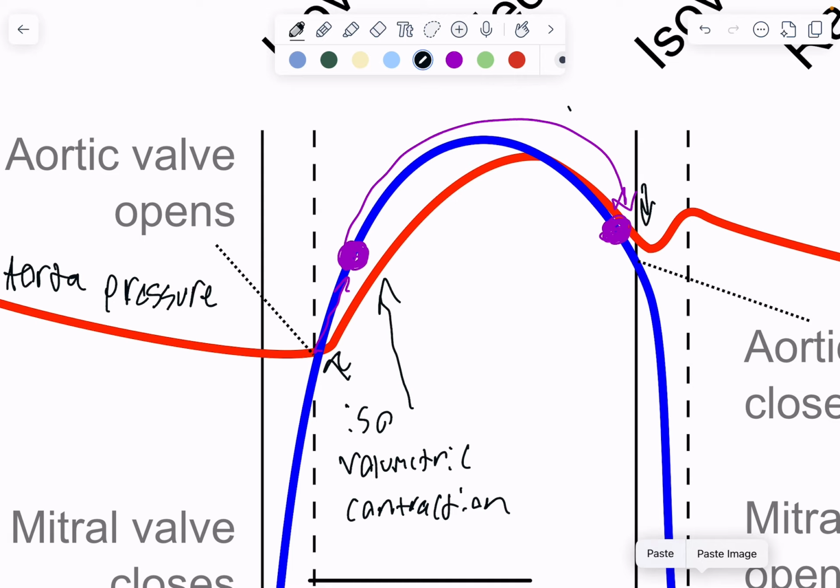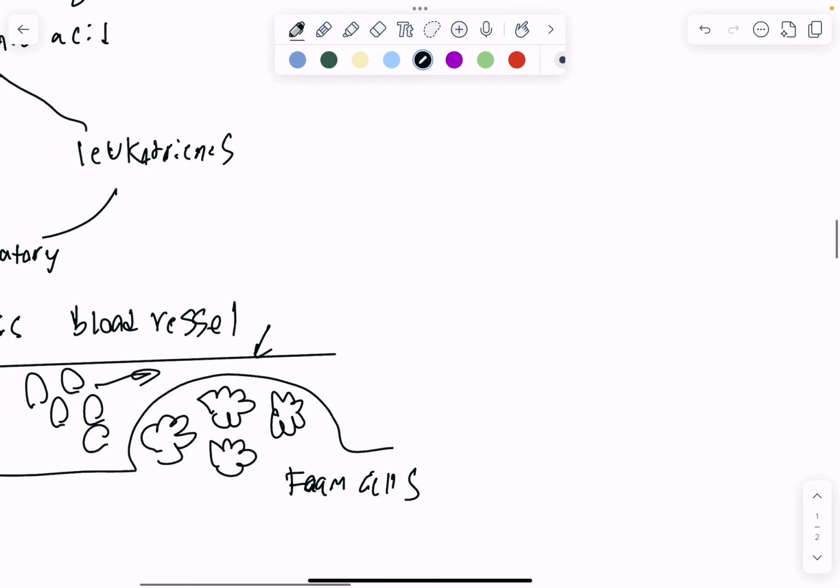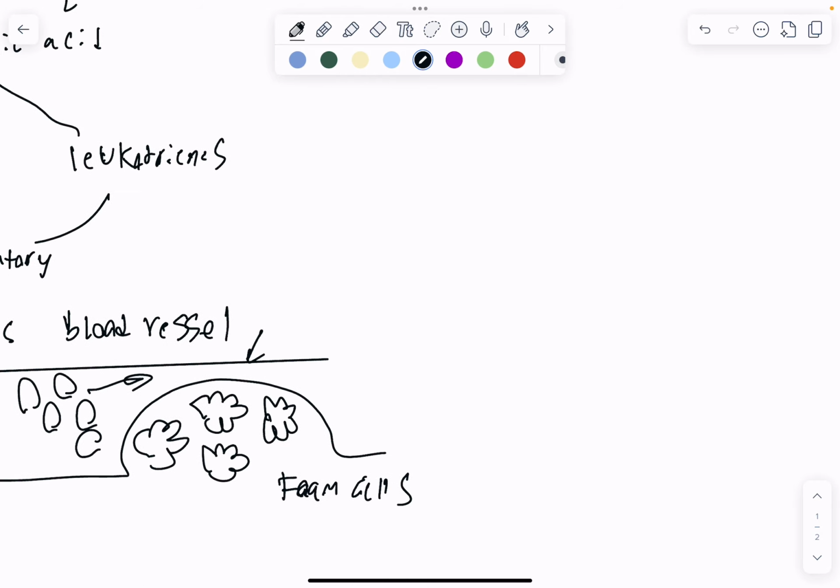The rupture of this plaque could also lead to a possible myocardial infarction, which will then also lead to a loss of contractile tissue and possibly even HFrEF heart failure.